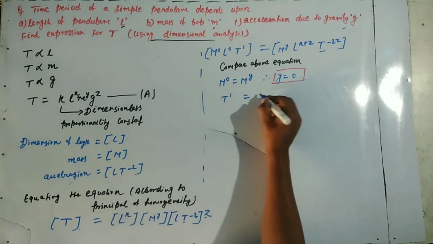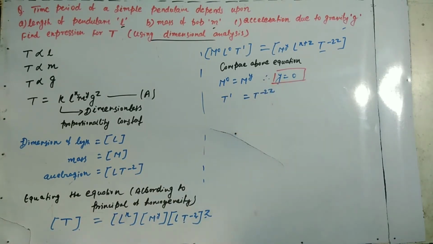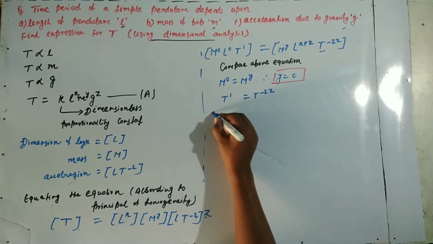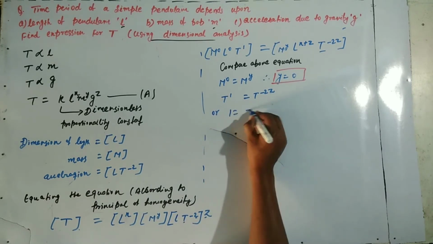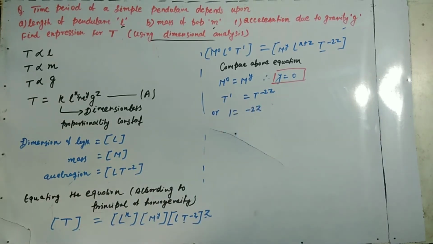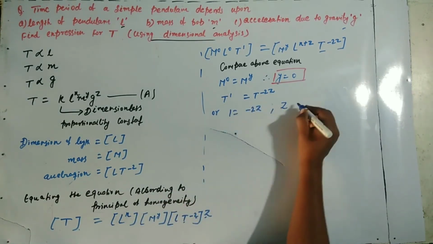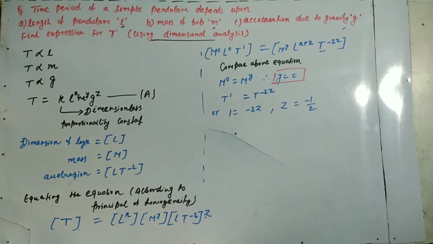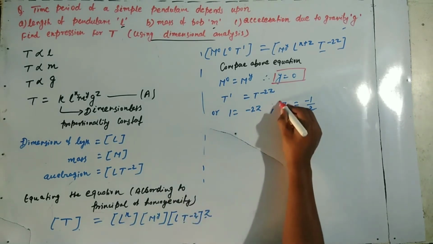T to the power 1 equals T to the power minus 2Z. When T is cancelled, then 1 equals minus 2Z, or Z equals minus 1 by 2. So it is the value of Z.